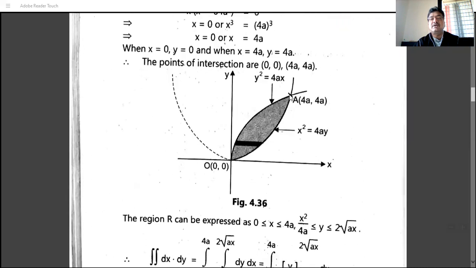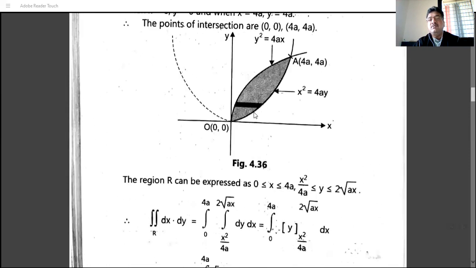But this is the first quadrant, where coordinates are all positive, so take y as 4a. Therefore the points of intersection are (0, 0) and (4a, 4a).